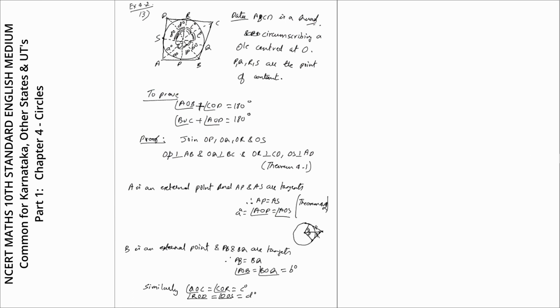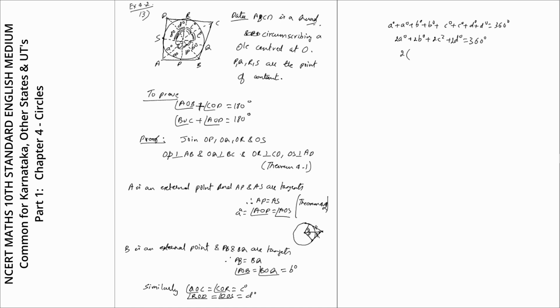Now if you add all the angles, you should get 360 degrees. So I'll add all the angles: A degrees plus A degrees plus B degrees plus B degrees plus C degrees plus C degrees plus D degrees plus D degrees is equal to 360 degrees. So I'll get 2A plus 2B plus 2C plus 2D is equal to 360 degrees.